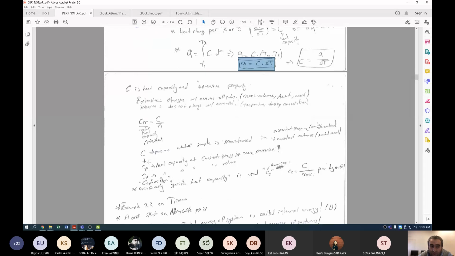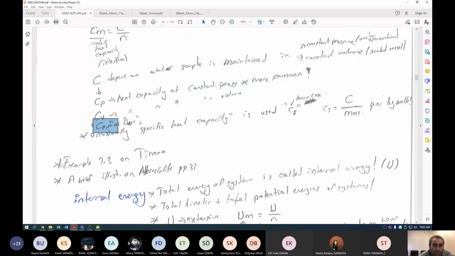We can put either P or V subscripts to show that the heat capacity is measured at constant pressure or constant volume. I will zoom it a little bit so that you can see better. When we have such a symbol, the subscript P and m shows that the heat capacity is measured at constant pressure, and the heat capacity is given per mole unit, an intensive quantity.